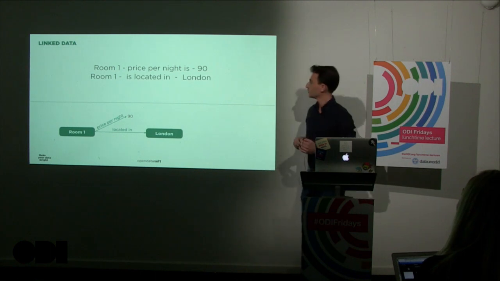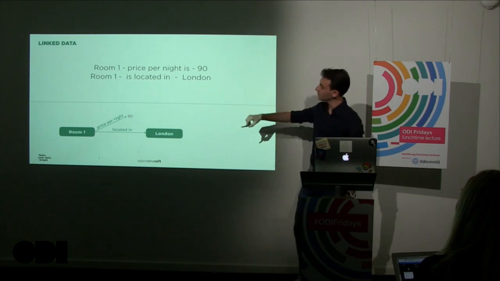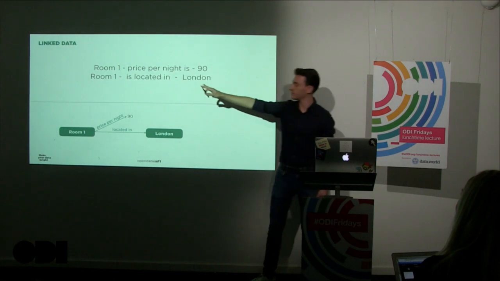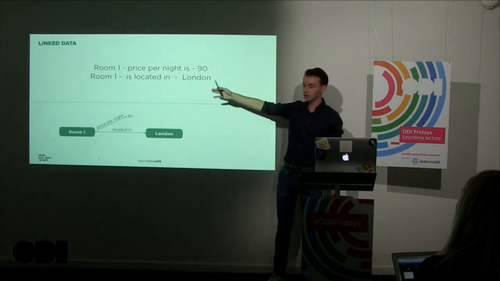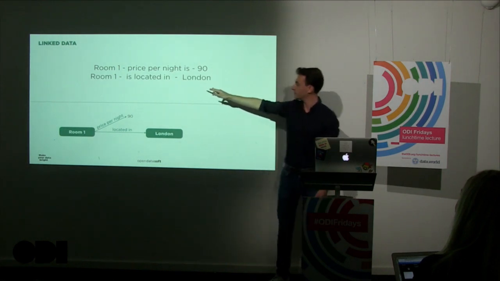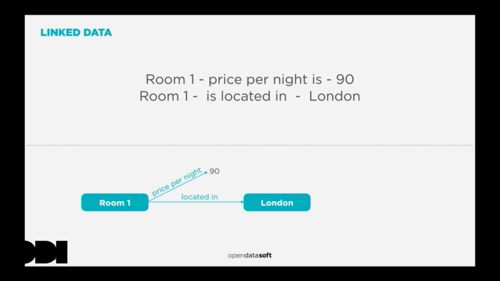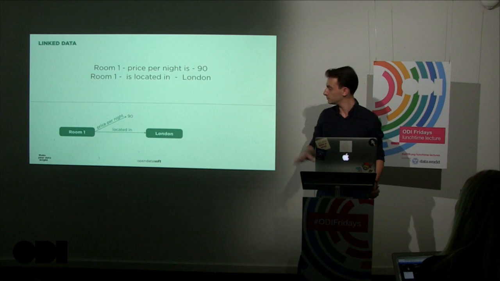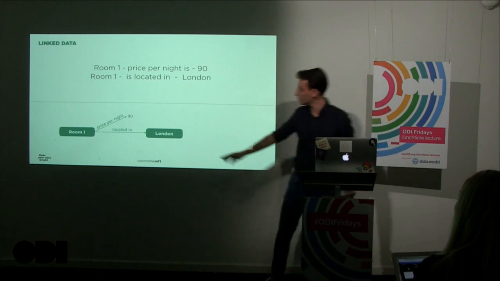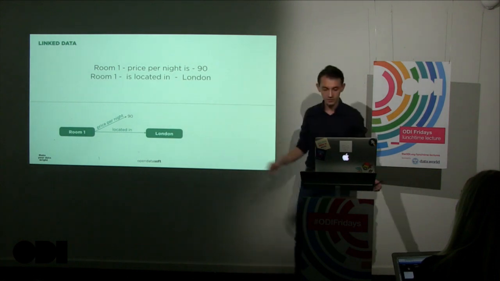Here we have two facts: room 1 has a price per night of 90, and room 1 is located in another resource, London. This is still structured data, so it's still machine readable, and we can represent it as a graph, like at the bottom of the slide.